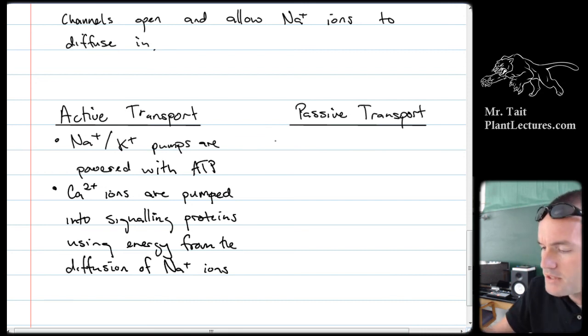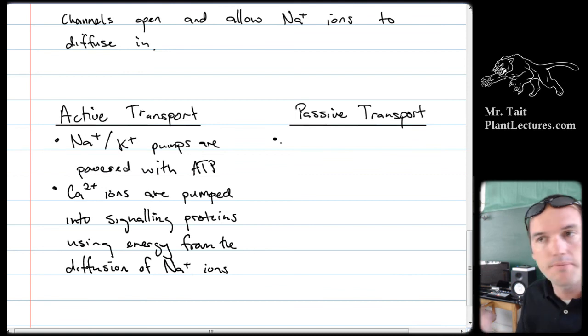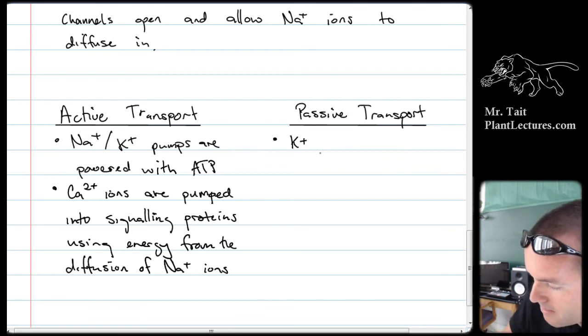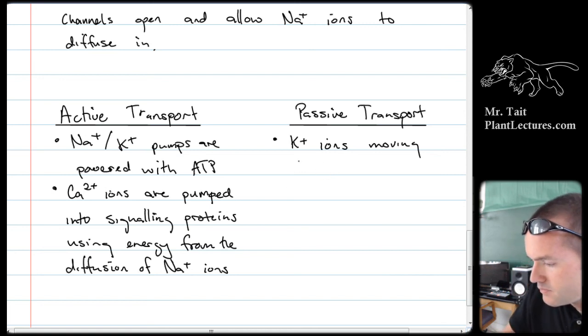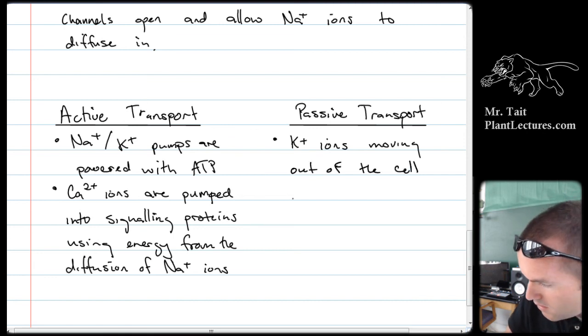Okay, passive transport. Which things were passive transport? Yep, K plus ions, moving out of the cell via facilitated diffusion.